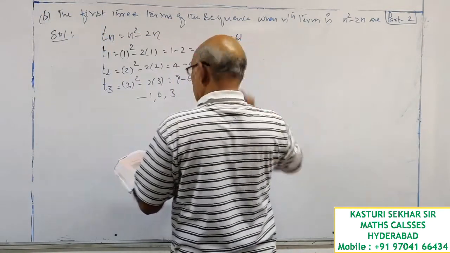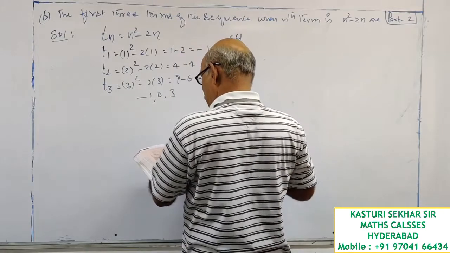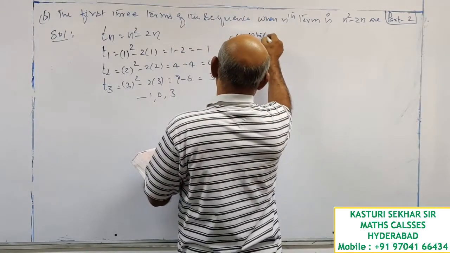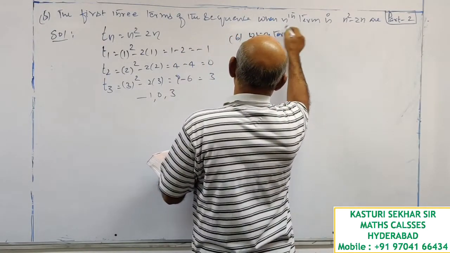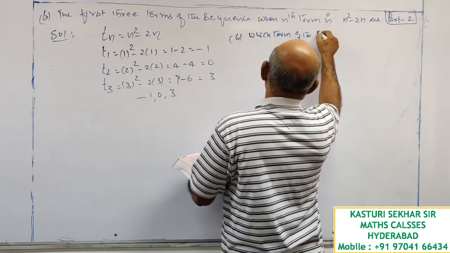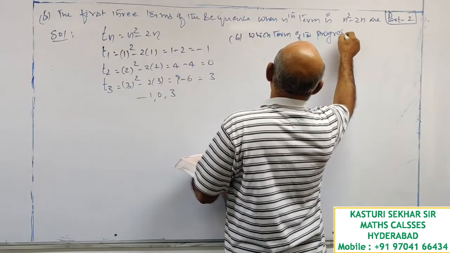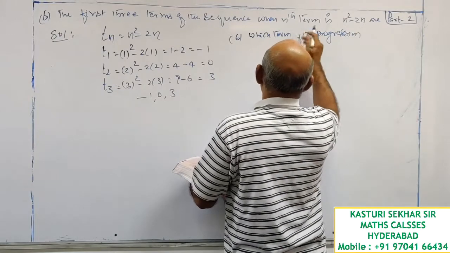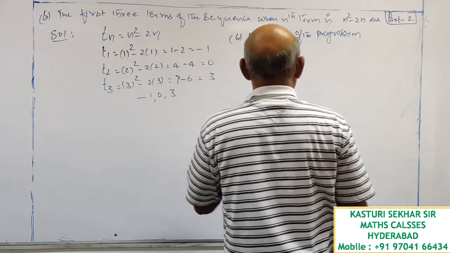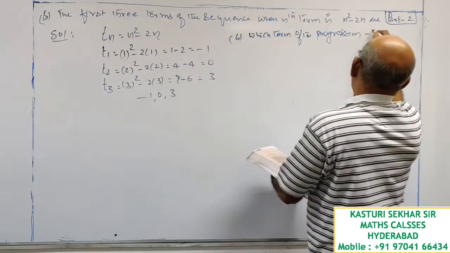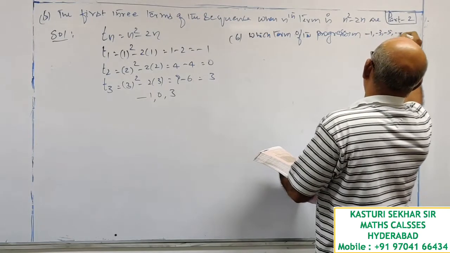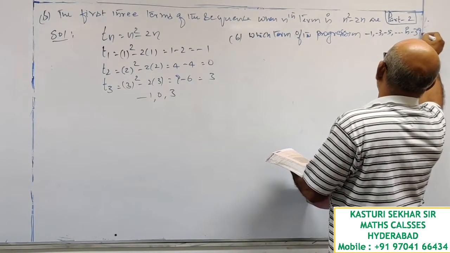Question number 6. Which term of the progression minus 1, minus 3, minus 5, etc. is minus 39.